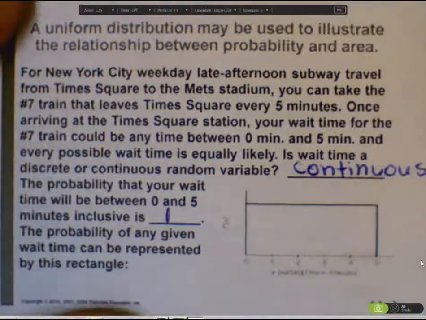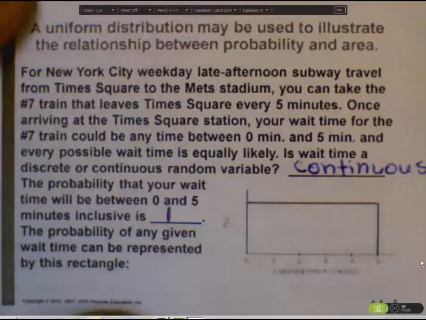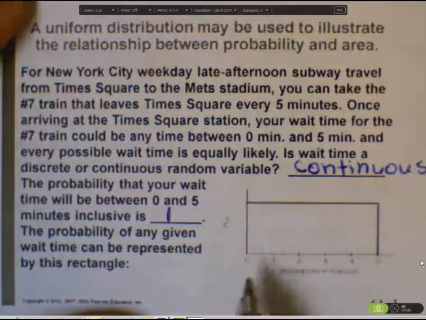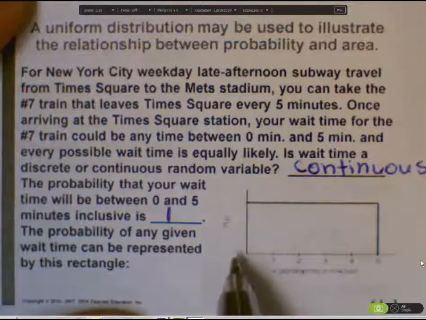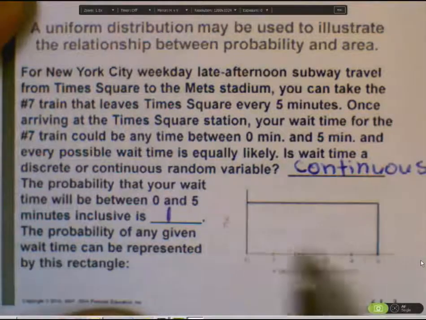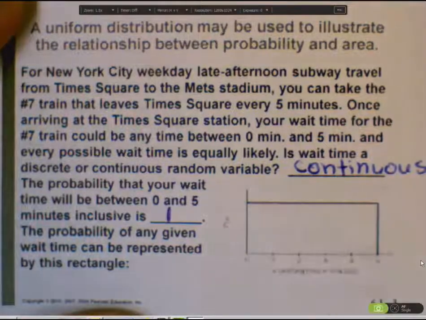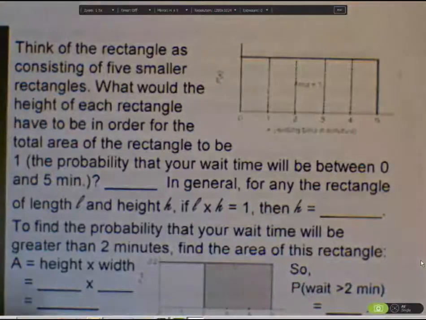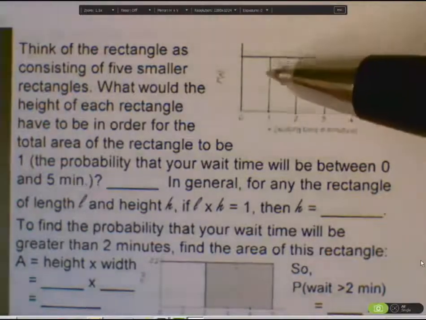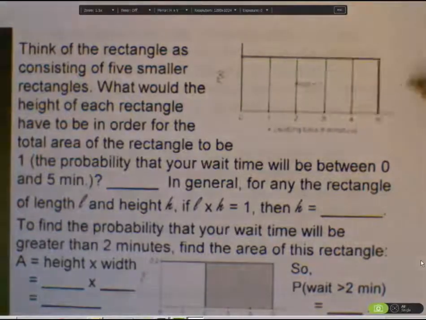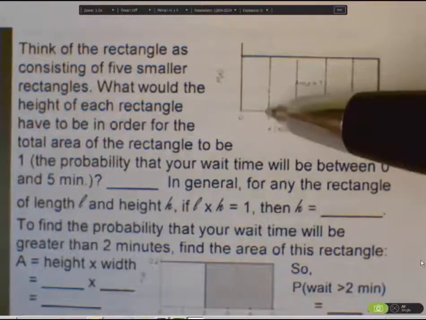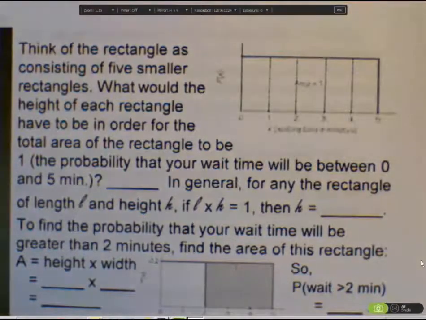The probability of any given wait time can be represented by this rectangle. Your possible wait times are anywhere between 0 and 5. That gives you the length of the rectangle. And you can think of the rectangle as consisting of 5 smaller rectangles if you break them down into 0 to 1 minutes, 1 to 2 minutes, 2 to 3 minutes, and so on.